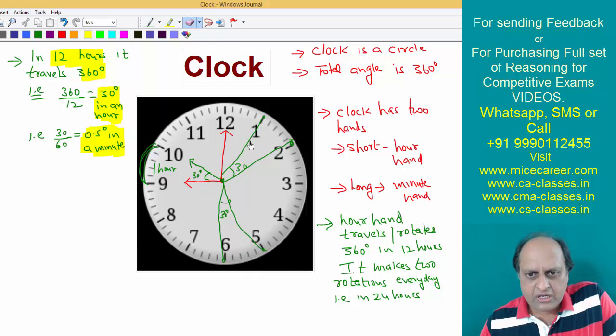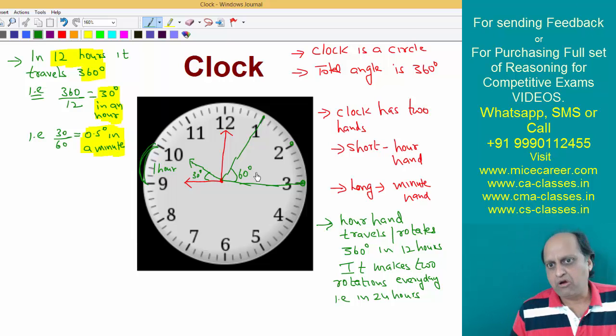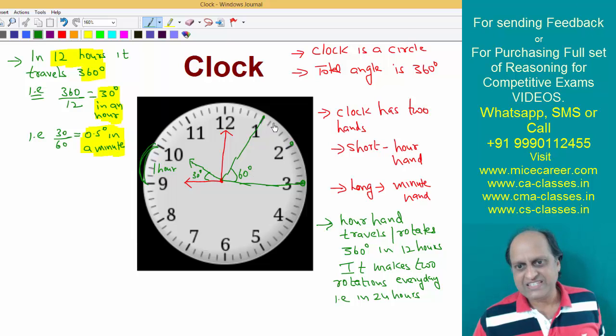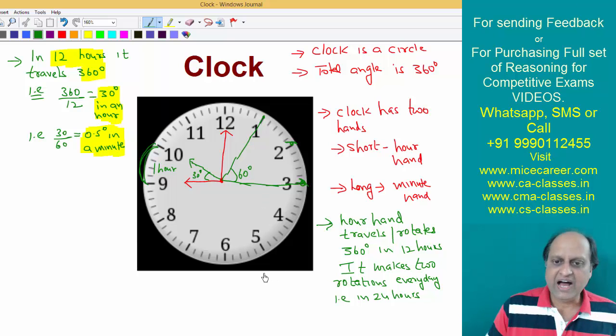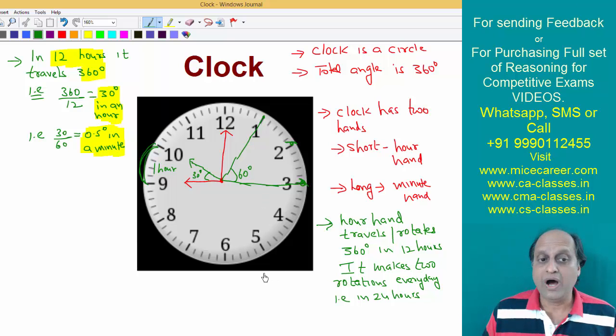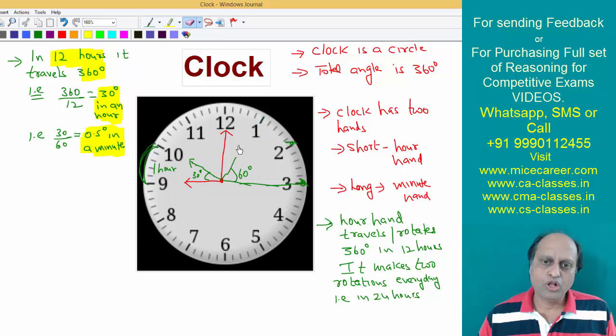So if we consider from this point of view, the angle between this 1 and 3 will be 60 degree. Why 60 degree? Because now it is 2 hours. From 1 to 3, the hour hand will have to travel 2 hours. So in 2 hours, it will travel 60 degree. So this idea is clear. You should also know this.